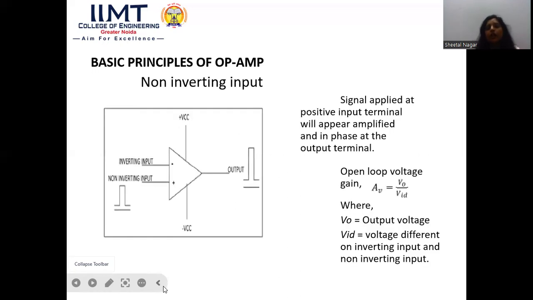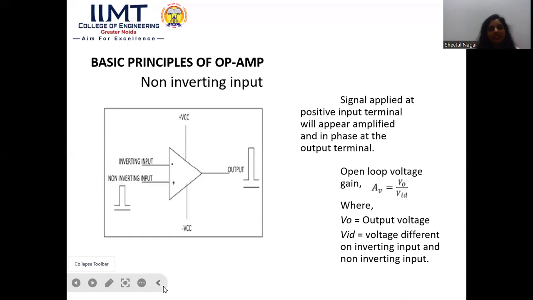Now, next one, non-inverting input. As we know, we have two input terminals of the operational amplifier. The second terminal is named the non-inverting input. When we apply an input signal, it may be in any form, and when we apply it at this non-inverting input, then the output for this input signal is only amplified.